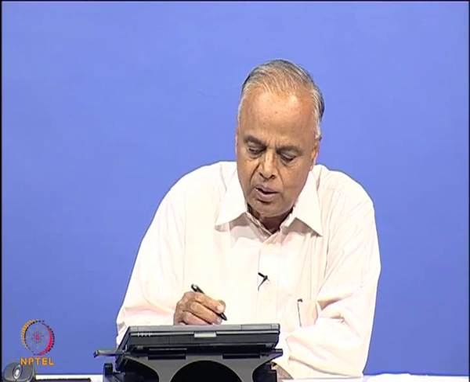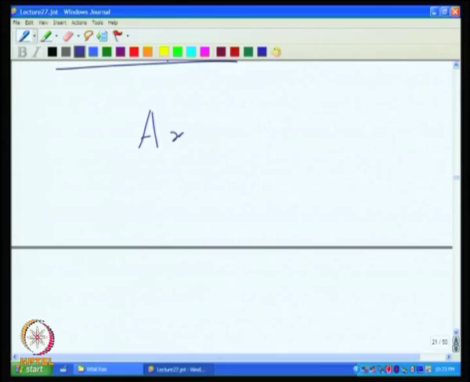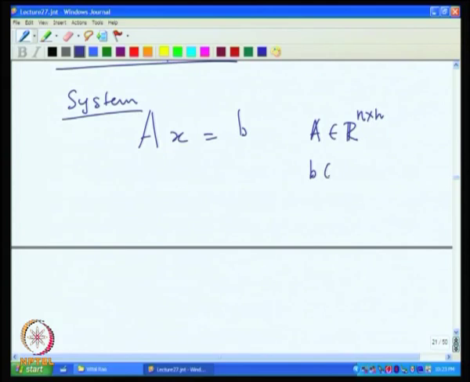So, we looked at a system A x equal to b, a non-homogeneous system. A was an n by n matrix and b was an n vector. We want to find x in R n.